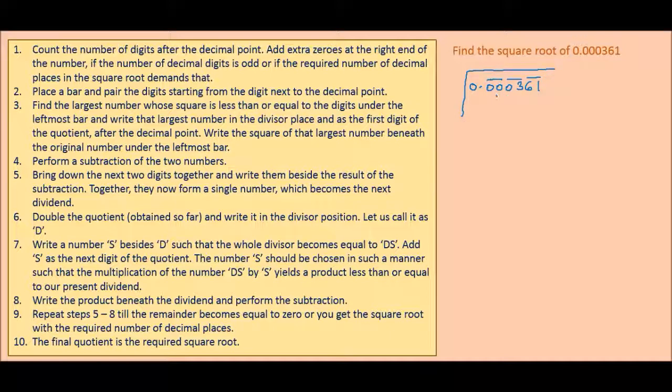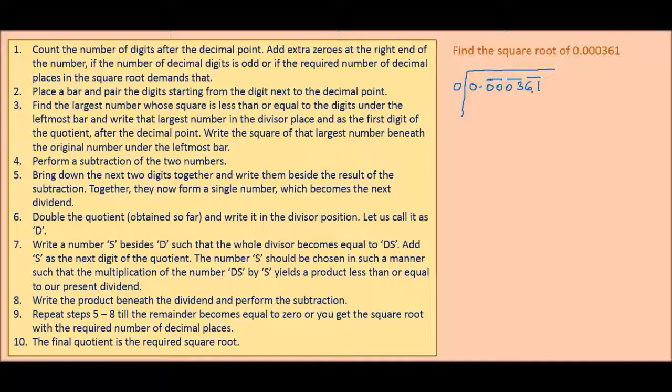So 0 and 0, and we have to find the largest number whose square is less than or equal to the digits under the leftmost bar. Obviously 0 square is 0, so we will be writing the largest number in the divisor place. This is the divisor place, so we will be writing 0 over here.